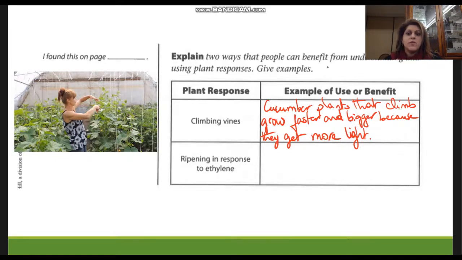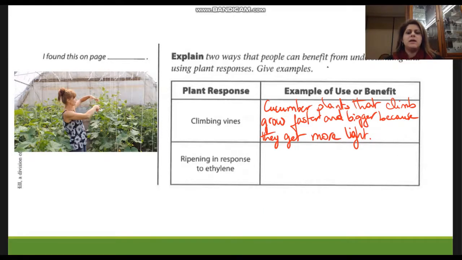So the cucumber plant is also going to wrap around that rope, and it's going to go longer and longer towards the light. So cucumber plants that climb grow faster. It's much better for the people that are growing cucumbers. They grow faster and they're going to grow bigger, because they're getting more light. So it's excellent for the people growing cucumber plants, and for you as produce, what you're getting from that plant.